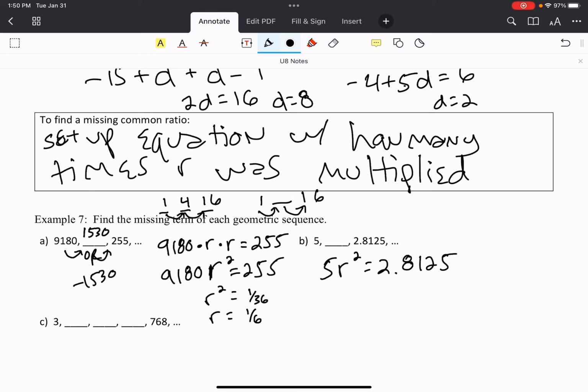R is 3/4 or negative 3/4. So our missing term is 3.75 or negative 3.75.